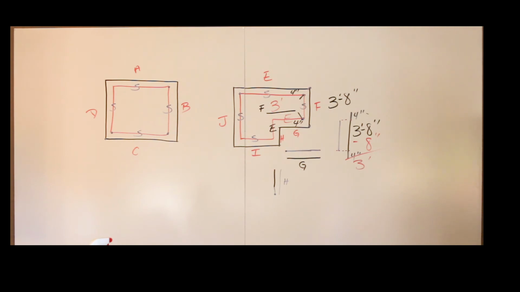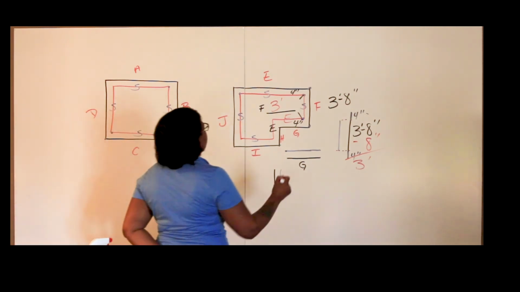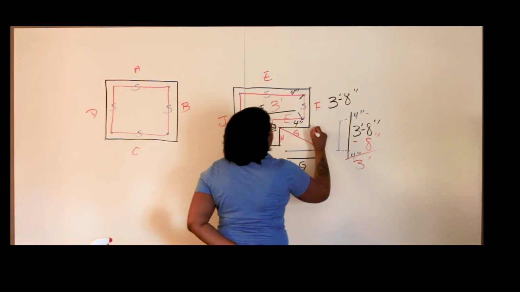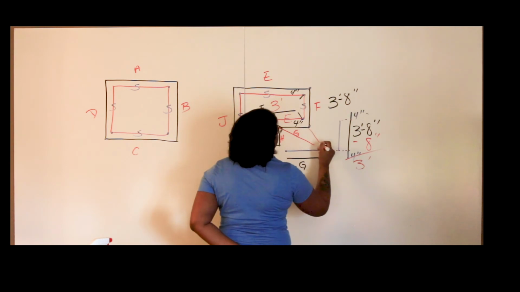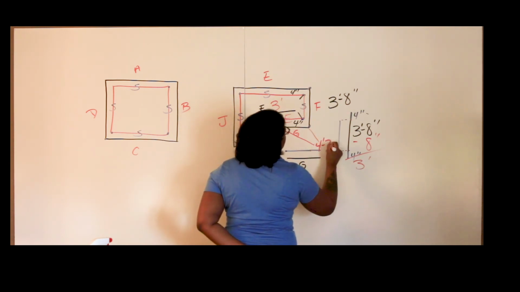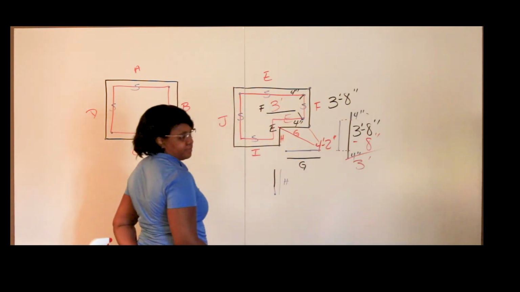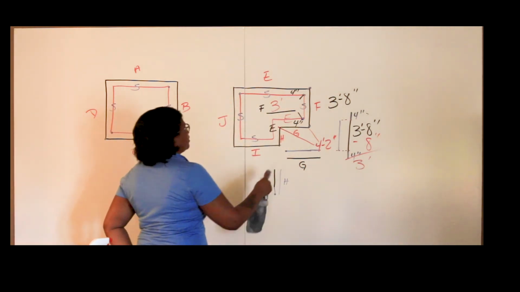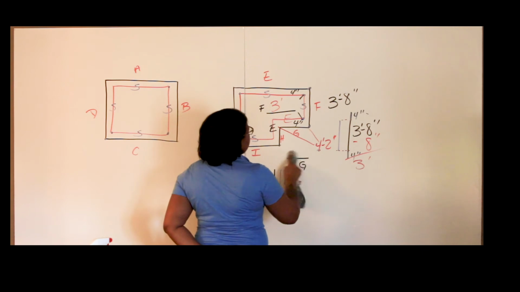However, let's go to G. Let's say I give you an exterior measurement of, I don't know, 4 feet 2 inches.